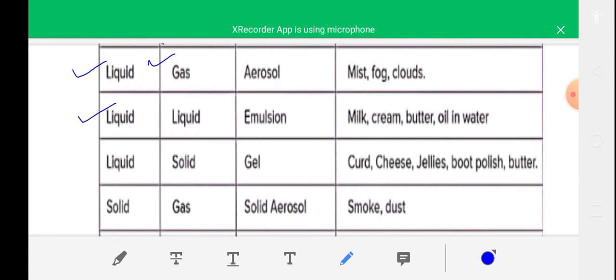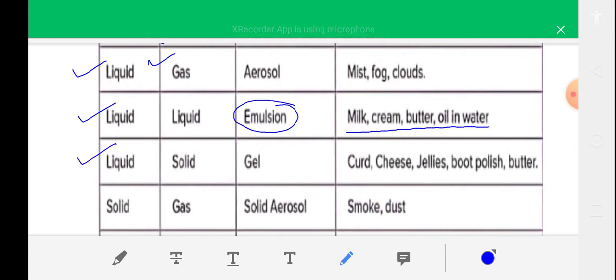Next type of colloid, liquid in liquid, and liquid in liquid colloids are known as emulsion. In emulsions, both the dispersed phase and dispersion medium are liquid. Examples of emulsion: milk, cream, butter, oil in water.